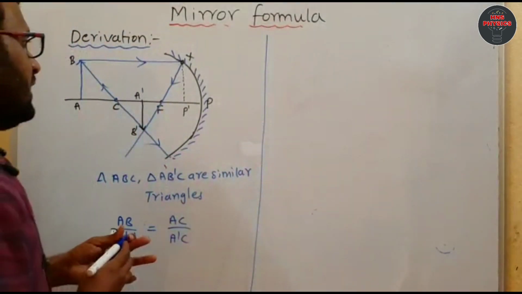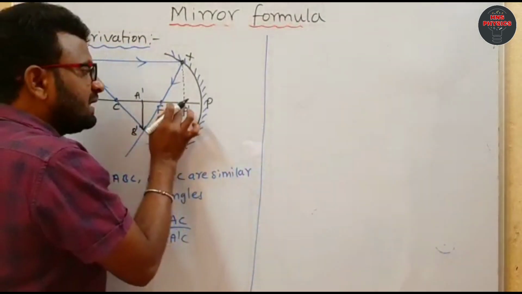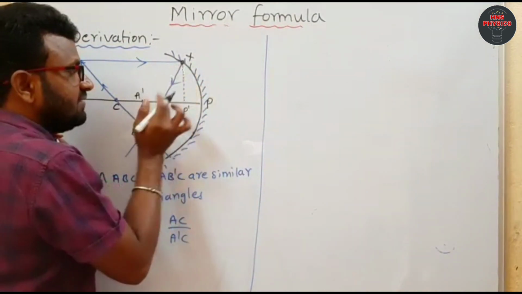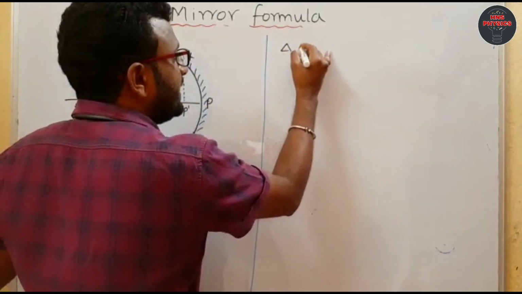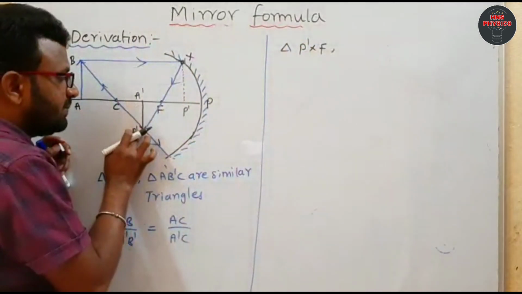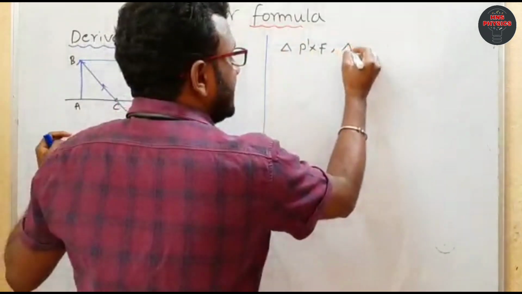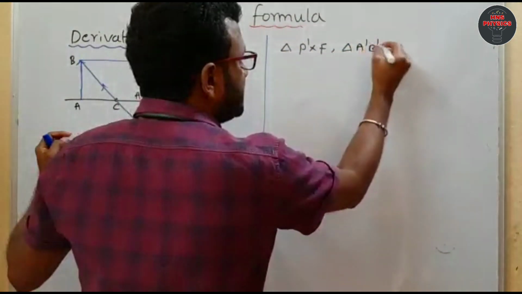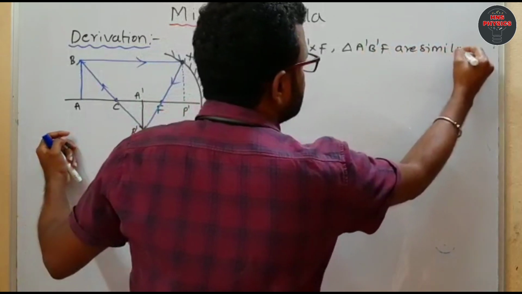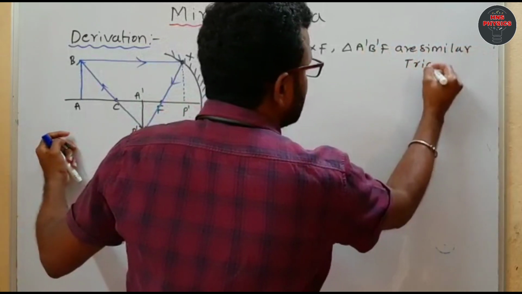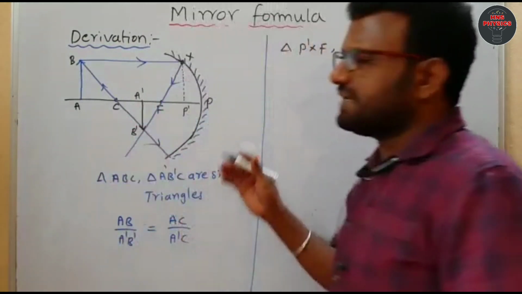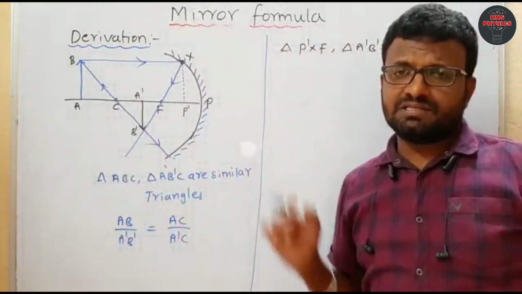Next, if you observe again, there are two more similar triangles. One is triangle P dash XF, and the other is A dash B dash F. These are similar triangles, so again the ratios of corresponding sides are equal.